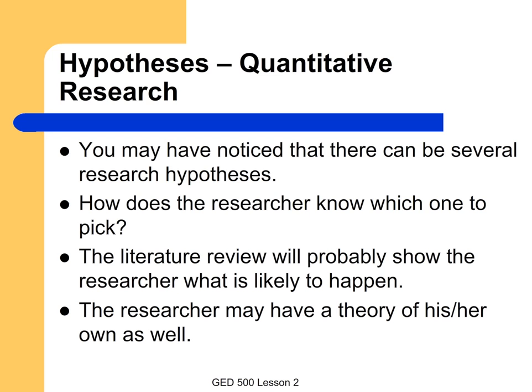This is where the lit review, or the literature review, will probably show what is most likely to happen. So really speaking, it is important for you to be well versed in the area that you're studying, of what studies have already shown. And this is what the lit review can do for you. It'll take you back to studies in your particular field to help you see what other people have already done.